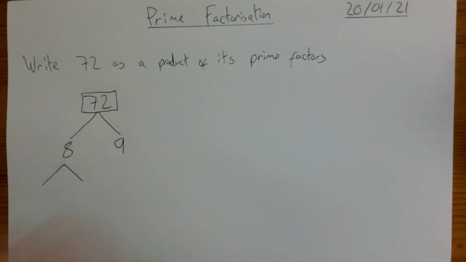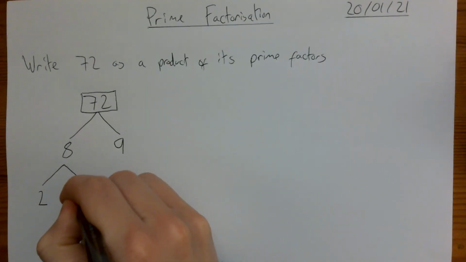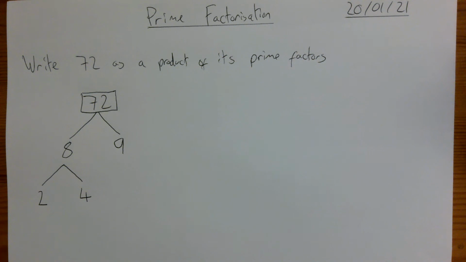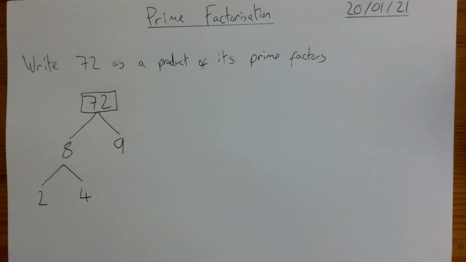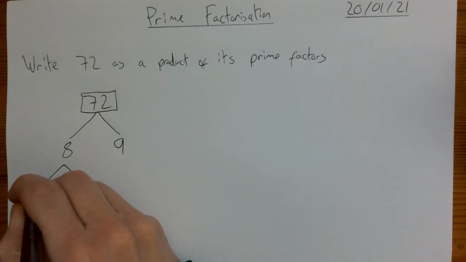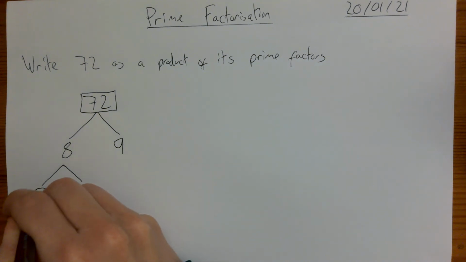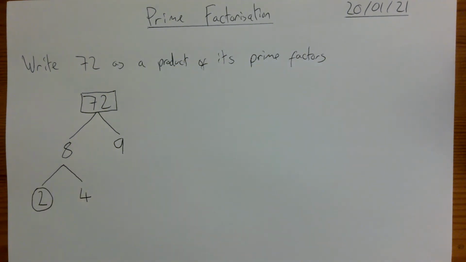I know that 8 can be broken down into a factor pair of 2 and 4. Now again, I'm after prime factors, and 2 only has 2 factors, so it's prime. So I'm going to circle that. My prime factors are the important ones I'm after, so I circle them so they stand out really clearly to me. But 4 isn't prime.